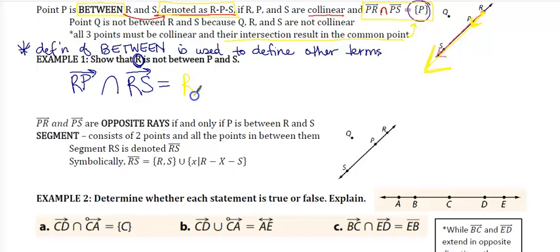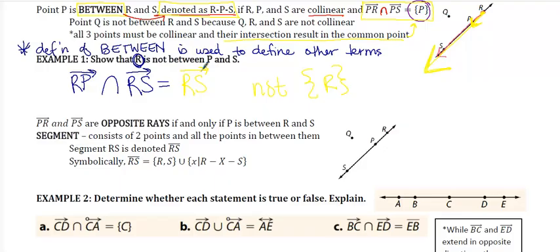Well, it's ray RS still. It is not point R. That's what it would have to be in order to prove that it's between. It is not R. It is ray RS. So that's how we're showing that R is not between P and S.